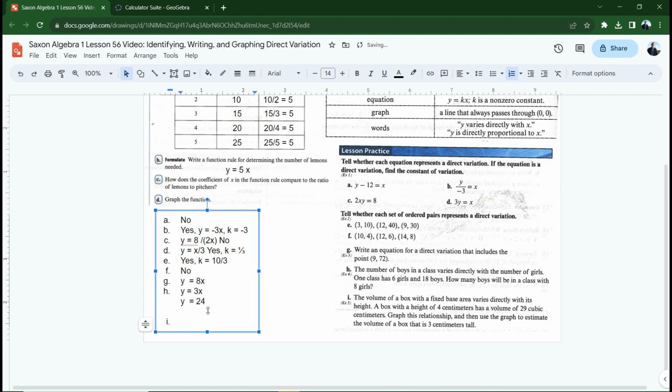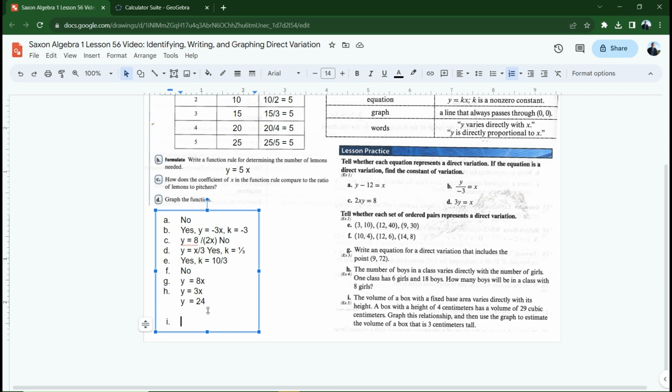The volume of a box with a fixed base area varies directly with its height. A box with a height of 4 centimeters has a volume of 29 cubic centimeters. Graph this relationship and then use the graph to estimate the volume of a box 3 centimeters tall.